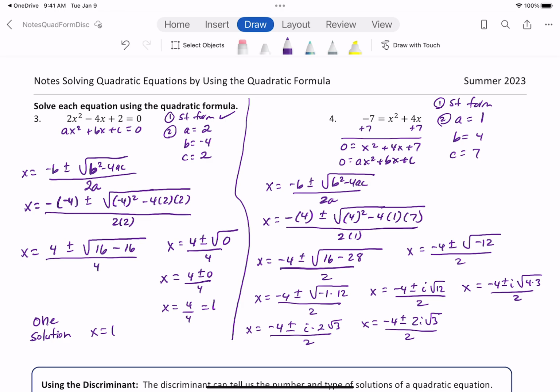And lastly, because all of those coefficients are even, I'm going to factor out a positive 2. That leaves me with negative 2 plus or minus i root 3, over 2. And then we can cancel. And finally, the answer is negative 2 plus or minus i root 3. So those are my two solutions. All right?